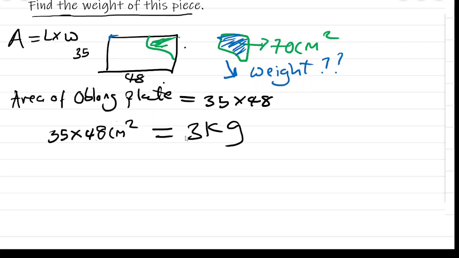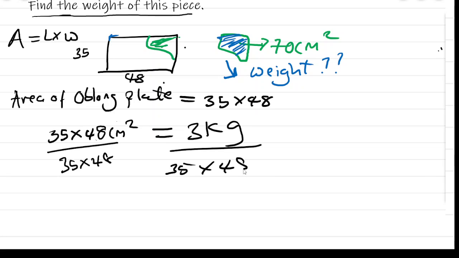Let's see what 1 centimeter squared equals. Divide both sides by 35 times 48. This should equal the same 3 divided by 35 times 48.